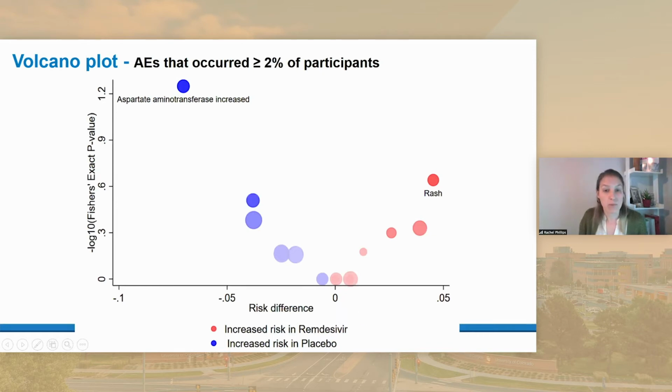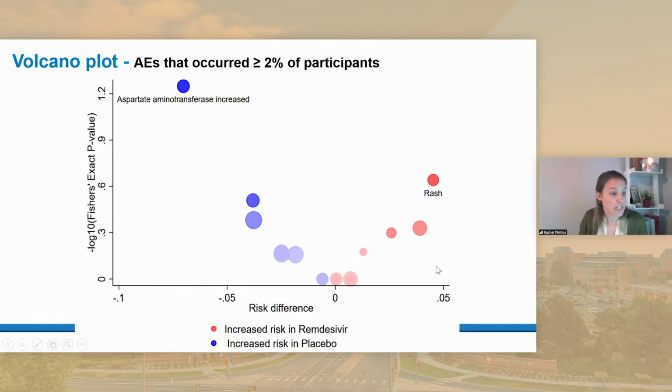So in this plot, the x-axis is representing the difference in proportion of participants experiencing each event between the treatment arms. We've plotted the risk difference here, but we could present a relative risk or incident rate ratio or hazard ratio if suitable. The y-axis is presenting the p-value from a Fisher's exact test on a negative log 10 scale.